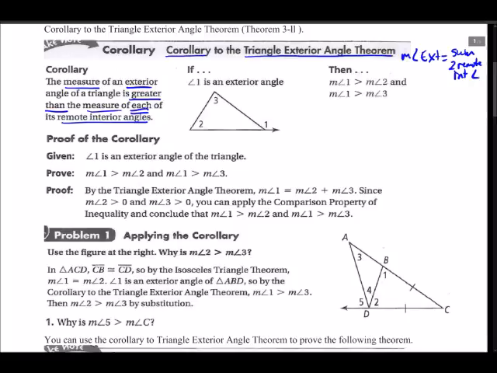So think about what we just talked about. We know that the measure of angle 1 equals the measure of angle 2 plus the measure of angle 3. So what that says is that the measure of angle 1 has to be greater than the measure of angle 2, and it has to be greater than the measure of angle 3. So that's pretty straightforward.